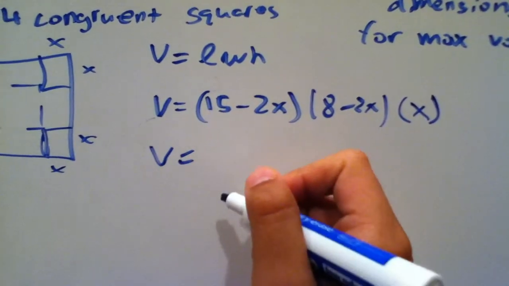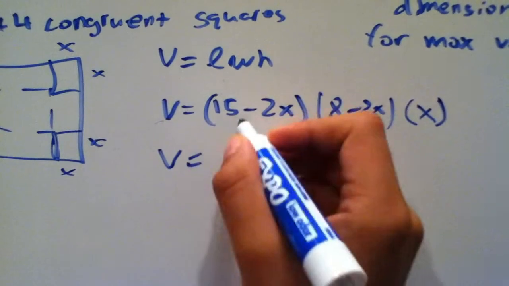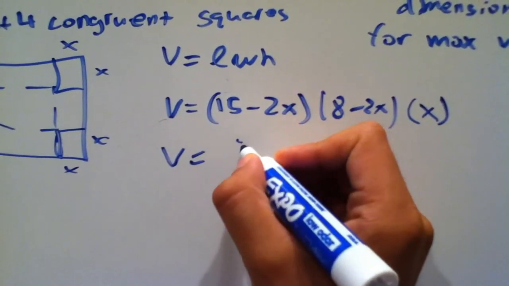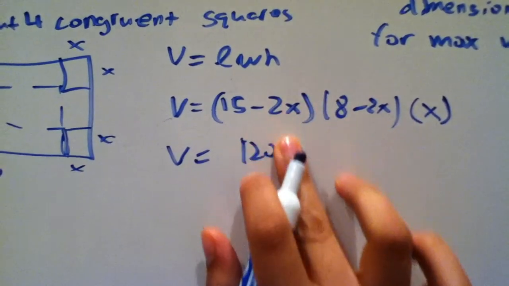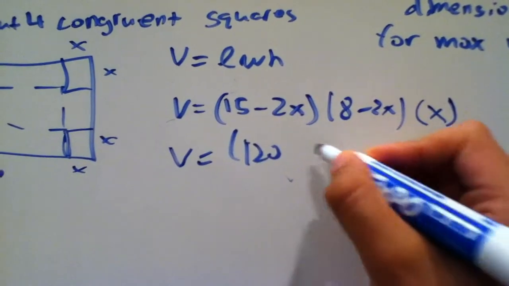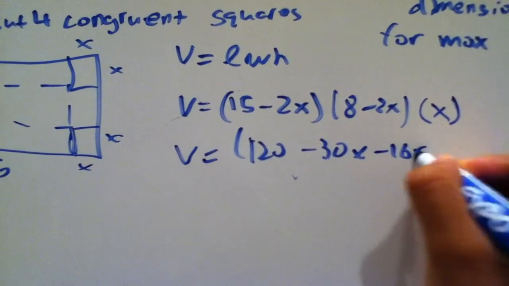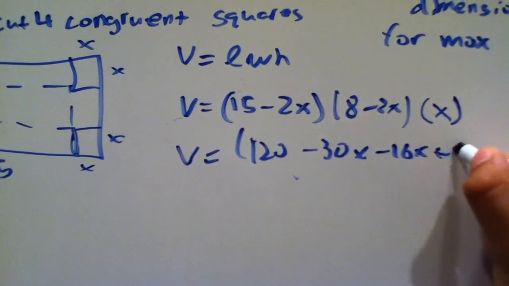So if you multiply this out using the FOIL method, you get 120, that's 15 times 8, minus 30x. I'm just going to solve it out because it's just the FOIL method.